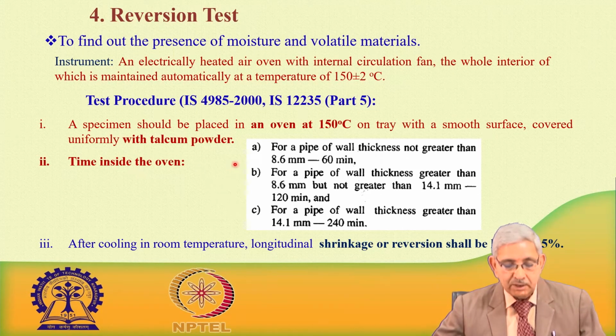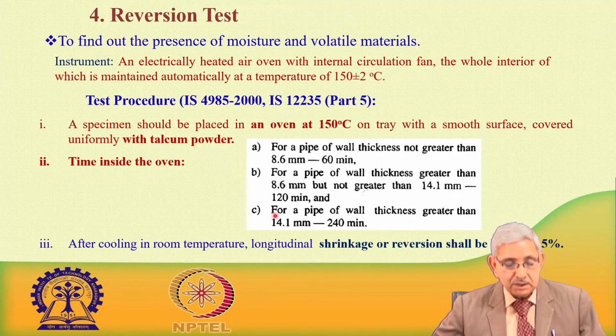For a pipe of wall thickness not greater than 8.6 millimeter, 60 minutes is given; if the wall thickness is greater than 8.6, then 120 minutes is given; and for greater than 14.1 millimeter, 240.